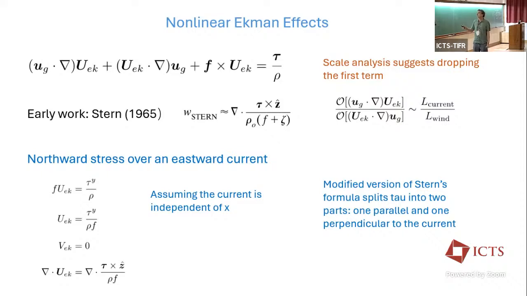So you could modify Stern's formula, kind of like I did with my u tilde before: the Ekman transport, the thing that I'm taking the divergence of, splits into two parts. If tau is parallel to the current, you divide by f plus zeta, and if tau is perpendicular to the current, you divide by f, giving a modification to that.